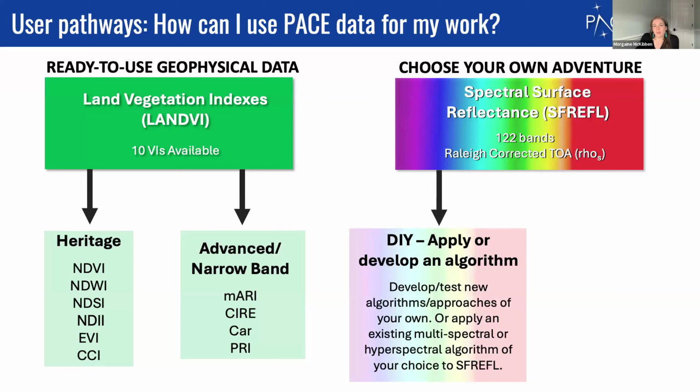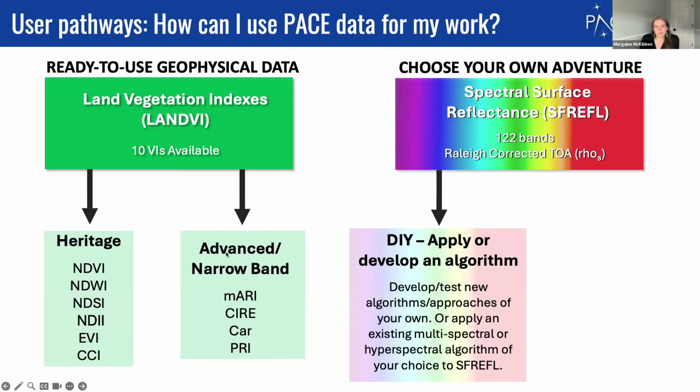You can also apply ones that exist already in the literature, but perhaps couldn't be served before, which is what we did with our advanced narrowband indexes. They've actually been in the literature for a while. They weren't just developed last year for PACE. They had been tested and seemed to show a lot of promise, but there wasn't a platform until now that could actually serve them every day.